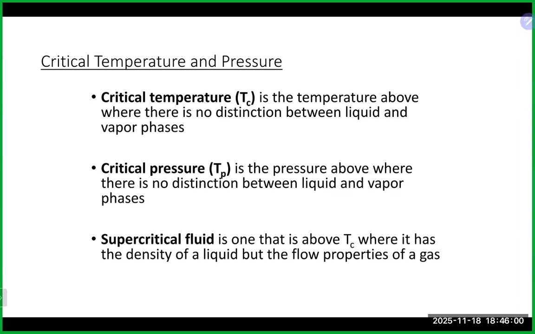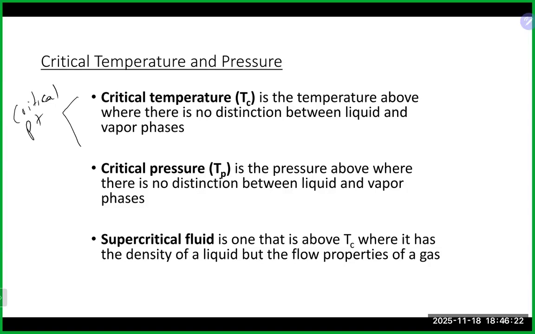That is usually represented on a phase diagram as simply the critical point. It's the temperature and pressure combination where if you go above it, it's going to smear the two phases. You're going to have liquid and gas happening at the same time.